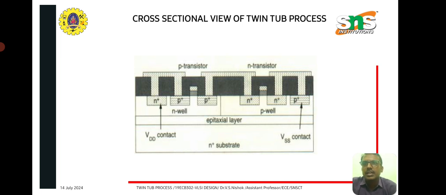Here we can see the cross-sectional view of the twin tub process with both N-well and P-well, that is, PMOS and NMOS transistors in a slide.